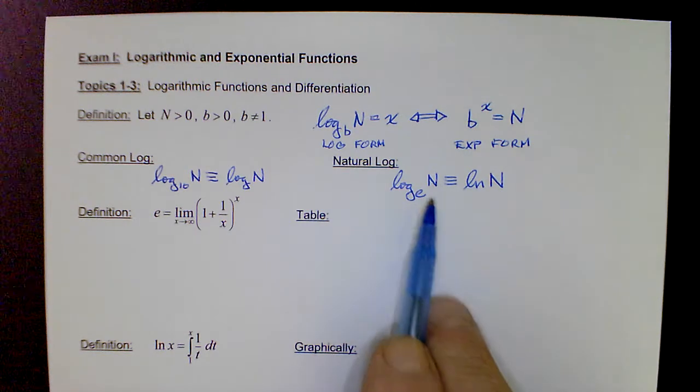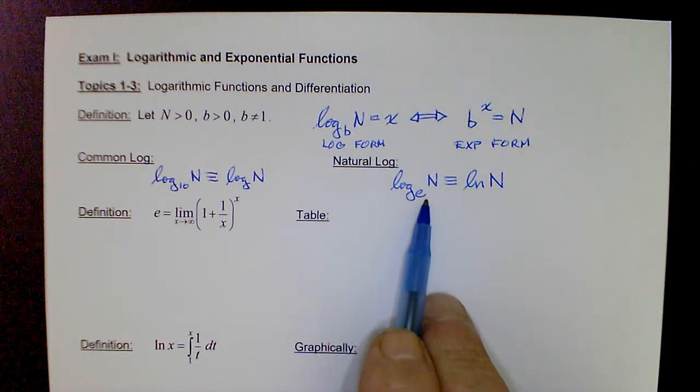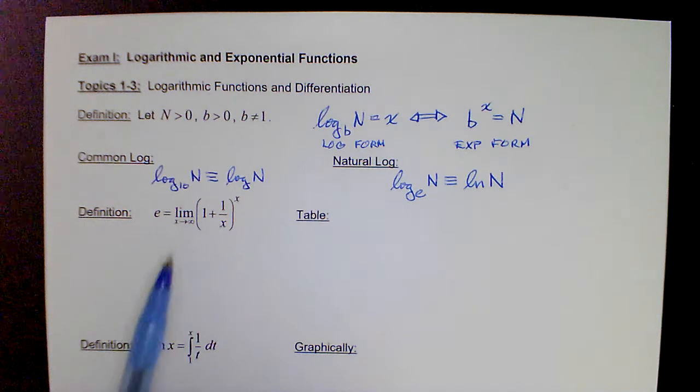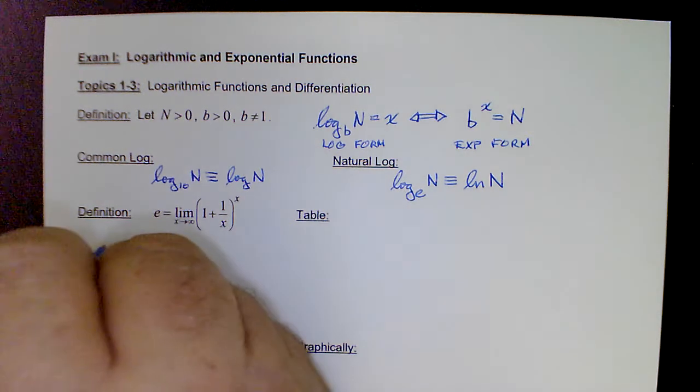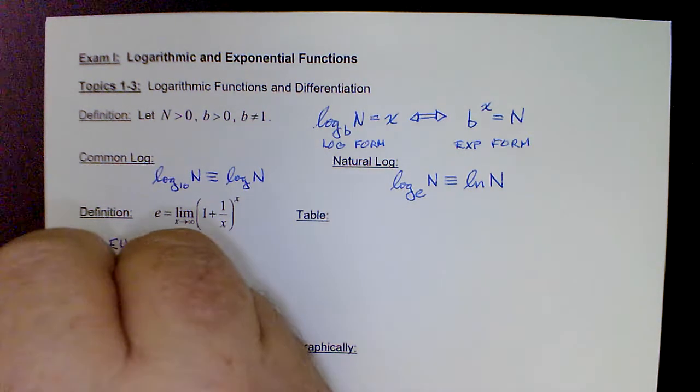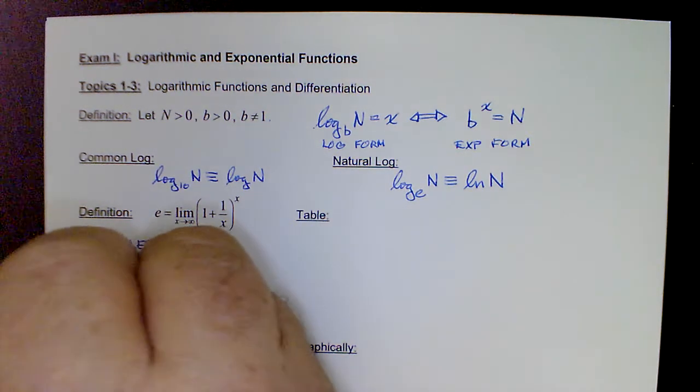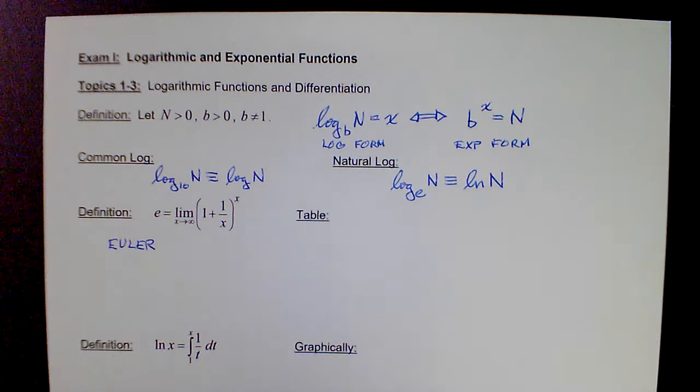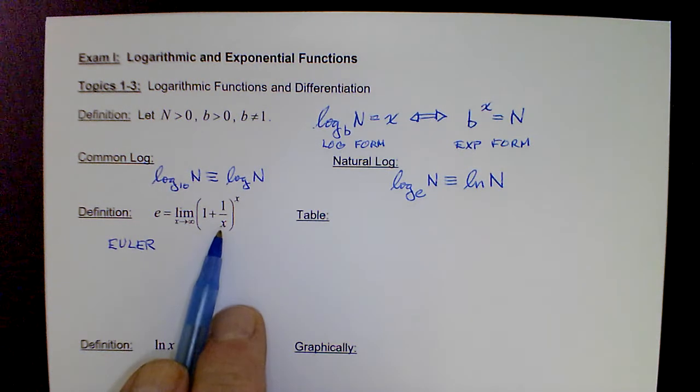So this number E is very special. It's attributed to Leonhard Euler. And here's a definition for it.